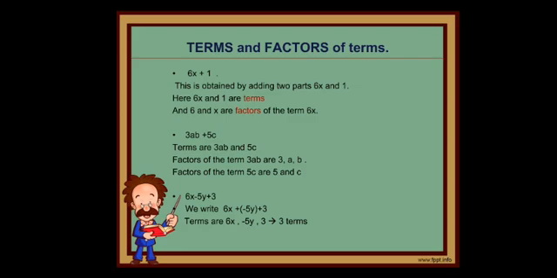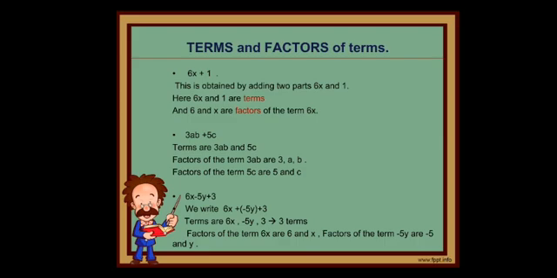When you take 6x, 6 is a factor and x is a factor of the term 6x. So 6x has two factors, 6 and x. When you consider the term minus 5y, there are two factors: one is minus 5 and the other one is y.